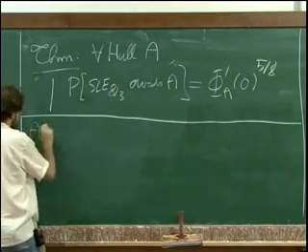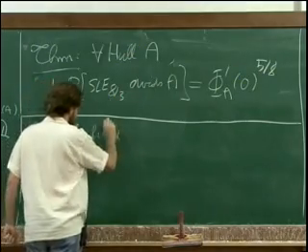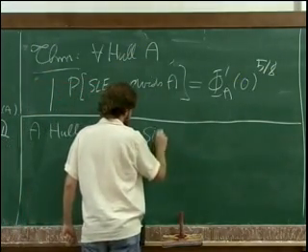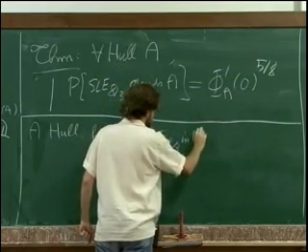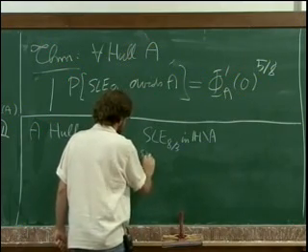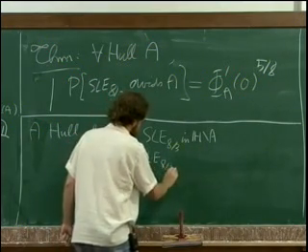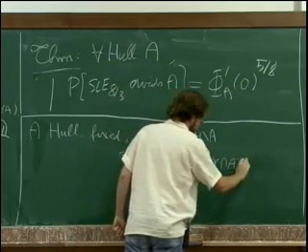So A is a hull, and it's fixed. And I want to compare SLE 8/3 in H minus A compared to SLE 8/3 conditioned that gamma intersect A is empty.